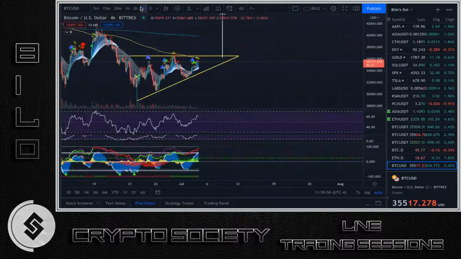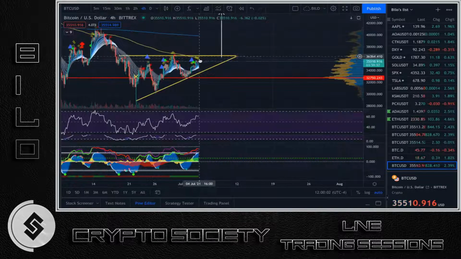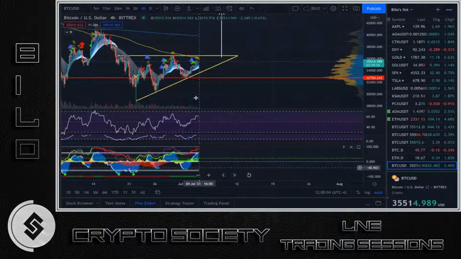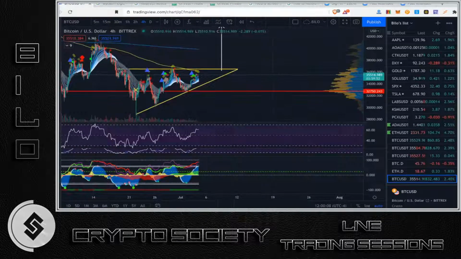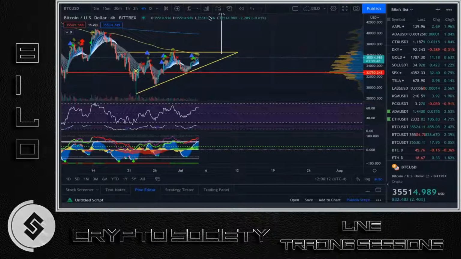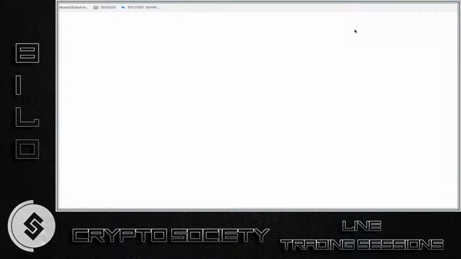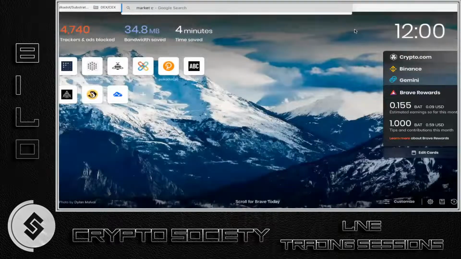If I go to the 4-hour chart, it hasn't formed here, but this golden triangle, from memory, I believe, is a continuation. Let me just check the Market Cipher symbols.